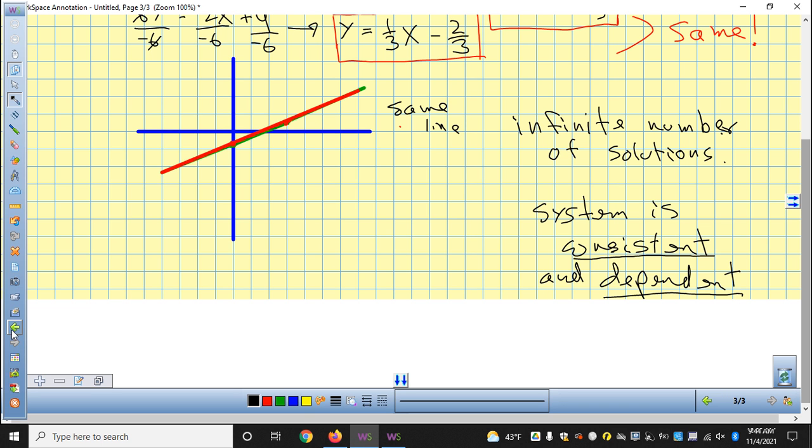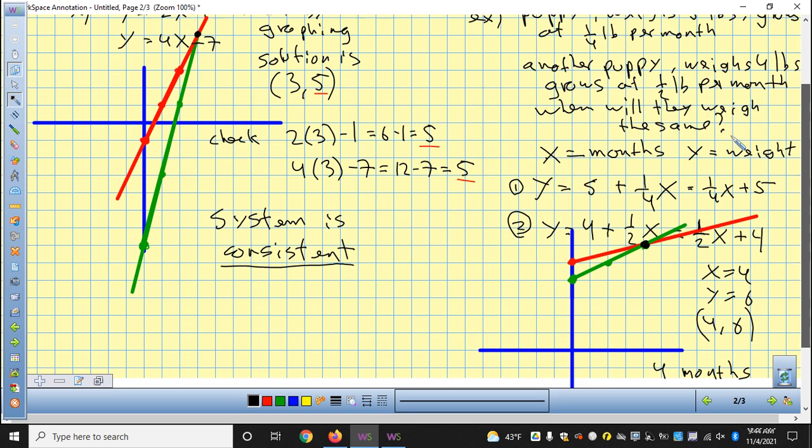And I'm going to back up here again. This system is consistent, and because these two are not the same line, we say they are independent. Consistent because we get a solution, independent because they're not the same line.